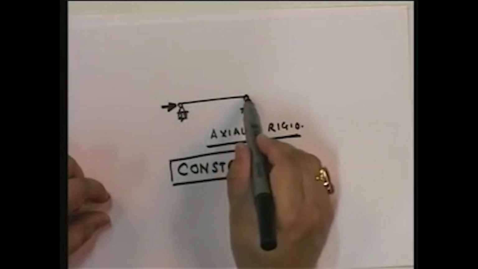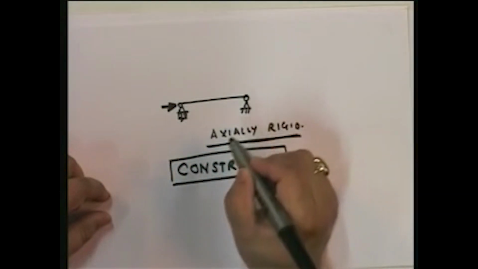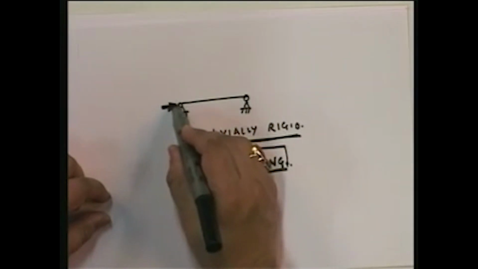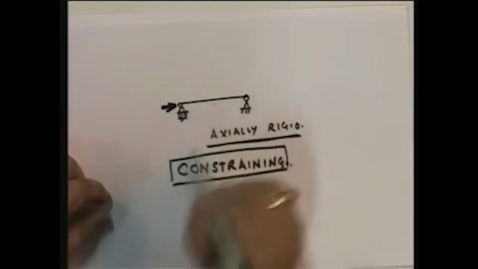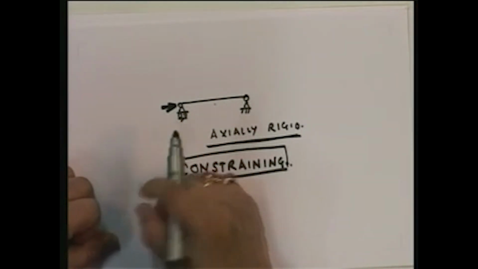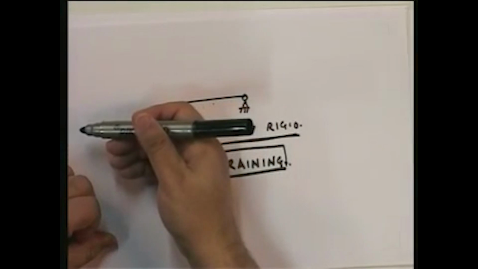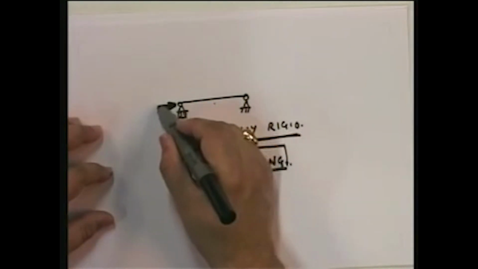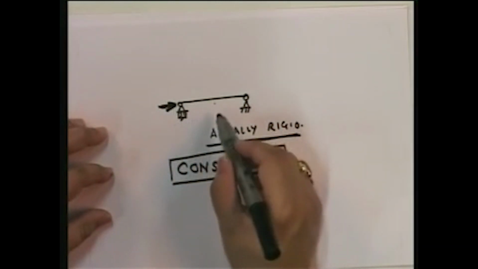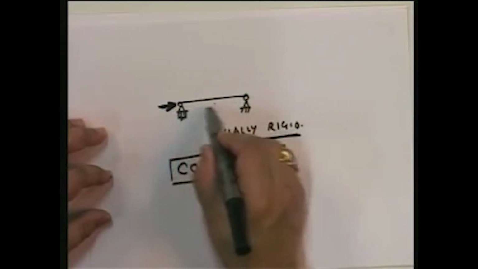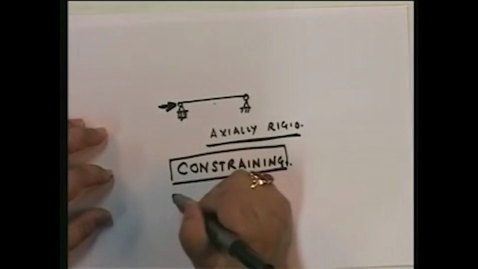What effectively happens to this member? This joint cannot go anywhere. This joint can move horizontally. And when it moves horizontally, the member is either shortened, or if the displacement is in this direction, it's elongated. In other words, this degree of freedom actually corresponds to the axial deformation of the body.